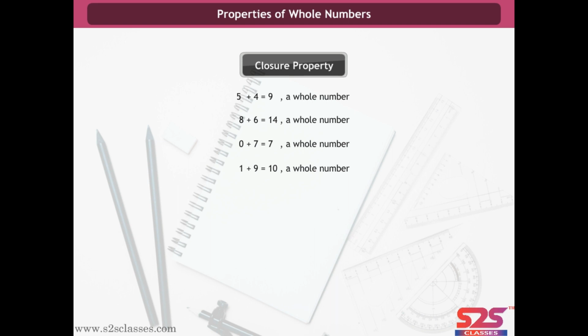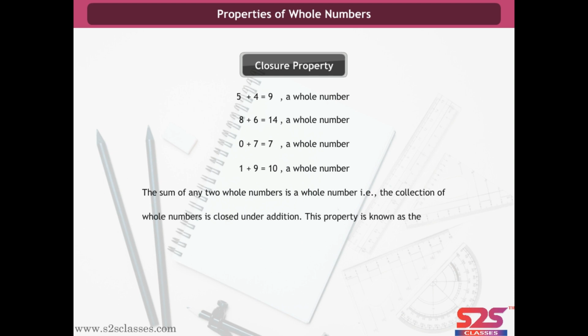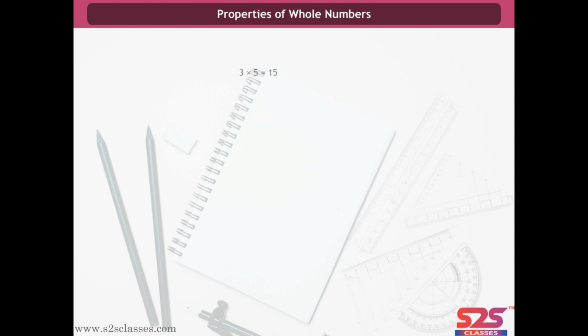Yes, the sum of these numbers is also a whole number. Hence we say that the sum of any two whole numbers is a whole number, or we say that the collection of whole numbers is closed under addition. This property is known as the closure property for addition of whole numbers.